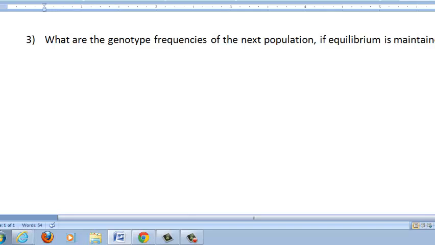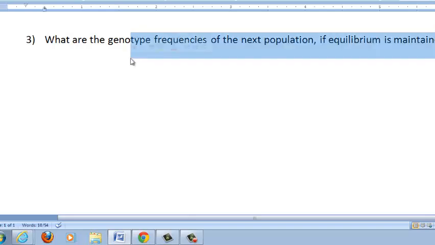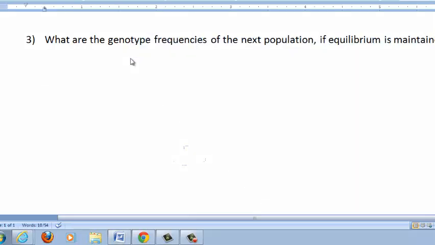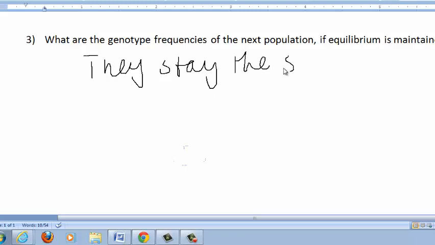Well, if no allele is better than another, if some don't survive better than others, they're all the same, and random mating is occurring, no mutations, no immigration, emigration, no natural selection, then the genotype frequencies are going to stay the same. That just means simply that no evolution is taking place.